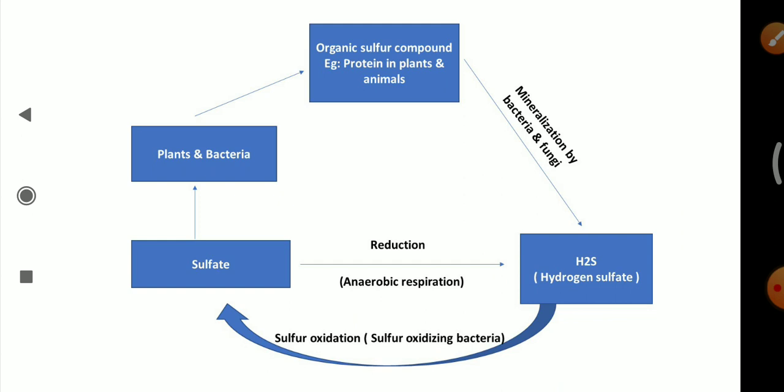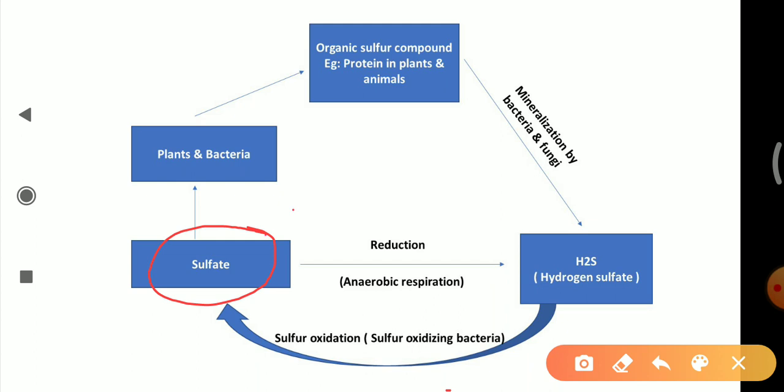As I have told you, sulfur is always present in the form of sulfate, that is SO4 2-. Now plants and microbes assimilate this sulfate and convert it into the organic form.